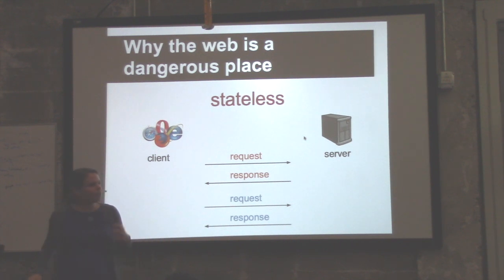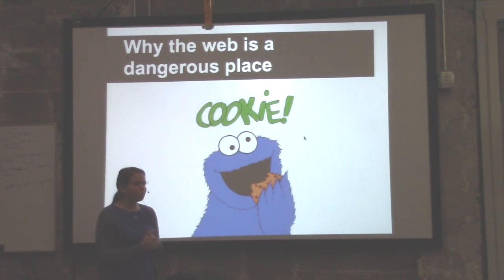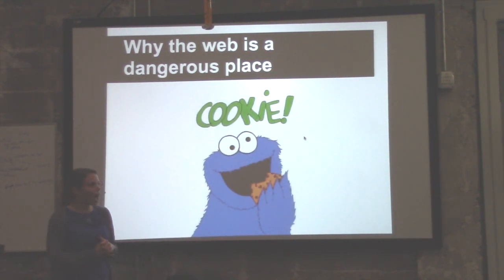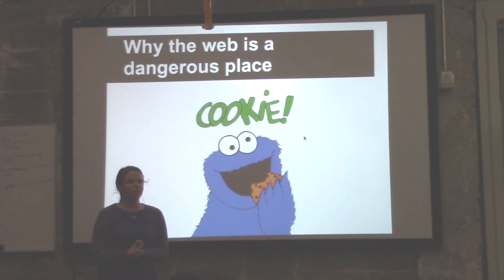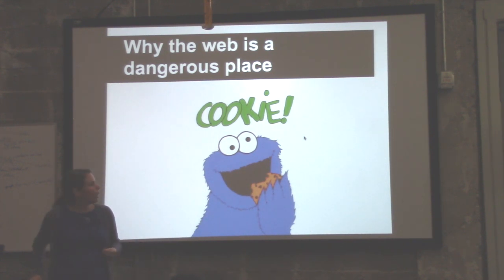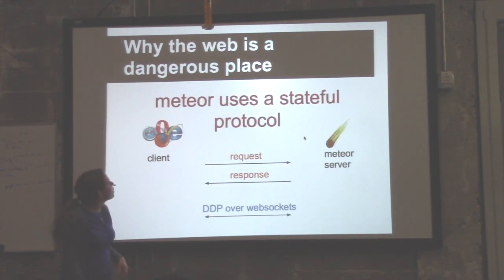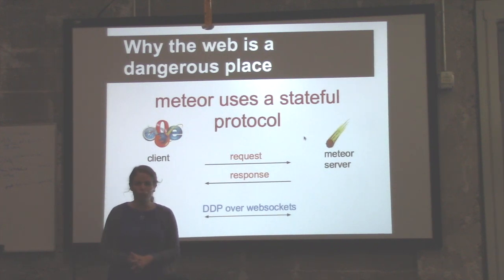But one of the mechanisms that was introduced to deal with statelessness, which is HTTP cookies, has had a lot of problems in the past. And I'll talk a little bit about attack vectors involving cookies, and that's maybe one of the reasons why a model like Meteor is a little bit less attack prone, because Meteor uses a stateful protocol.